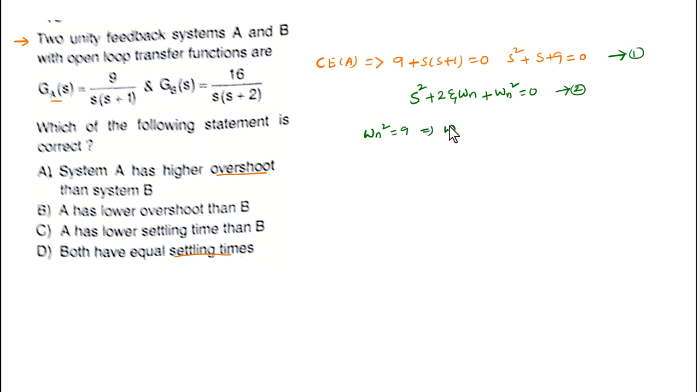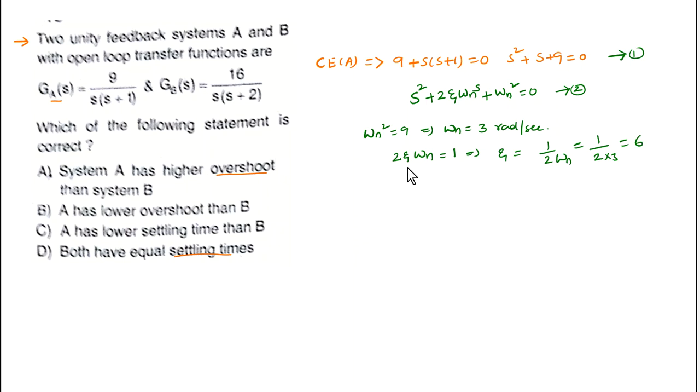From this, omega n is equal to 3 radians per second, and we want the zeta value. So 2 zeta omega n is equal to what? 1. So from this, zeta value will be 1 by 2 omega n, sorry, it's not zeta here, let me correct, 2 omega n, right? So 1 by 2 into 3 is nothing but 1 by 6 here.